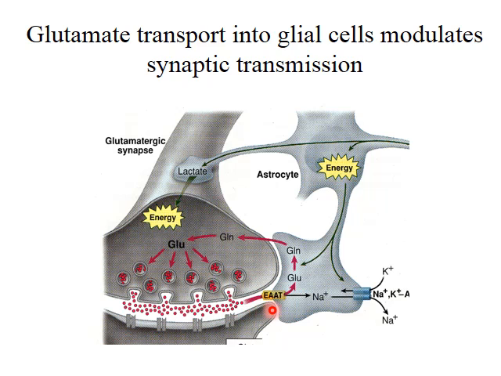This is called the glutamate-glutamine cycle. Now, since the glial transporters are playing an important role in determining the concentration of glutamate in the synaptic cleft, one might expect that these transporters can influence the strength of synaptic transmission. And as we will see in the next slide, this is indeed the case.